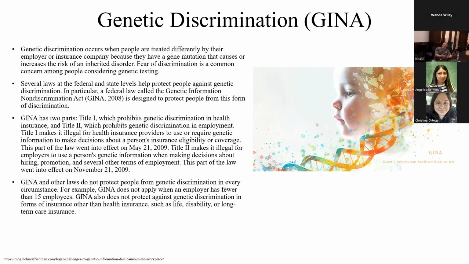So it sounds good and it's a good start, but there are some caveats about GINA. So GINA basically says in part 1, you cannot use genetic information to discriminate against people with regards to giving them health insurance or charging for health insurance. And you also can't use their genetic information to discriminate against them in hiring.